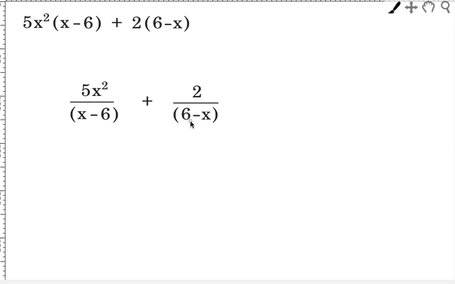Well, that same move that we used up above. We would factor out a -1 here, and we would end up with this. Factor out a -1 and rewrite. The minus x becomes a plus x, and the plus 6 becomes a minus 6. And now the denominators are almost exact. All we have to do is deal with this -1 right here.